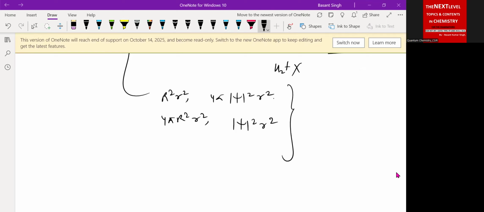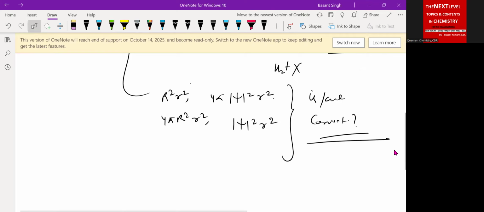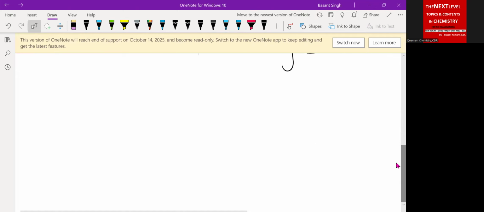Which one is correct? First of all we take R square, and I have to see whether this is correct or not.